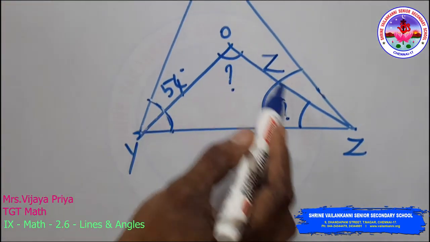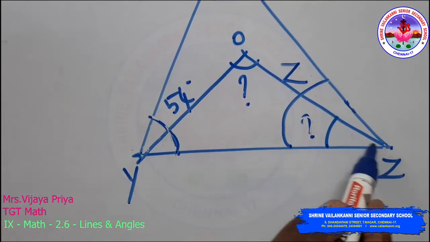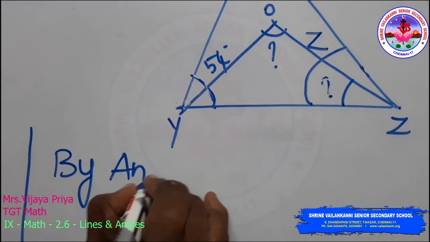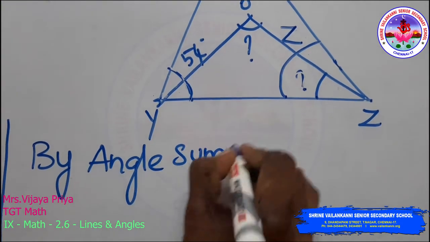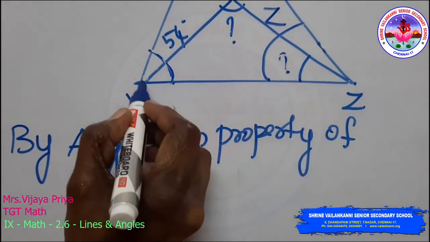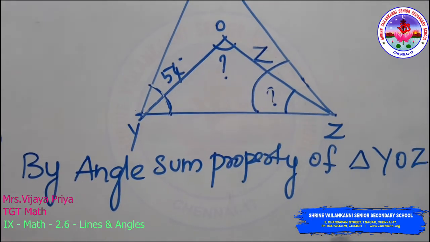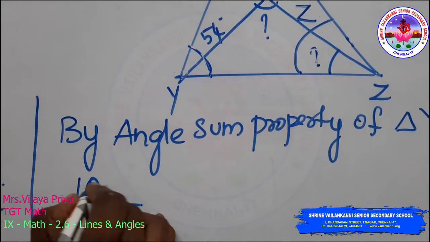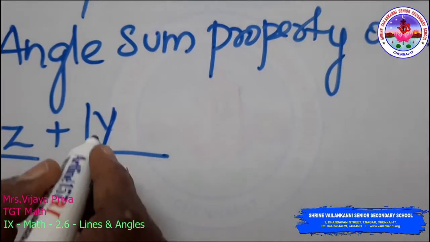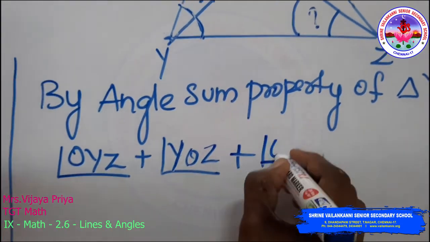Now coming to the smaller triangle, I am going to use my angle sum property for the smaller triangle. So by angle sum property of a triangle, I am naming this smaller triangle as YOZ, where angle OYZ plus angle YOZ plus angle OZY.